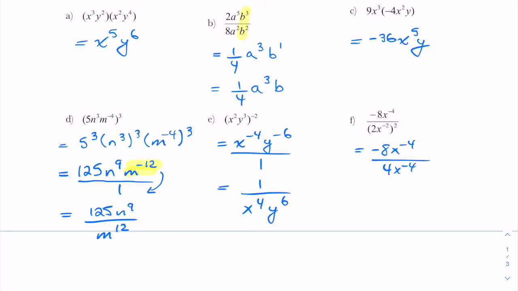So I squared the 2 to get 4 and used the power of a power rule to get x to the negative 4. And now we simplify just like we did in example 1b. Negative 8 divided by 4 gives you negative 2. And then if you look at your powers, notice that we have the same power in the numerator and denominator. So they just simply reduce and leave us with a final answer of negative 2.